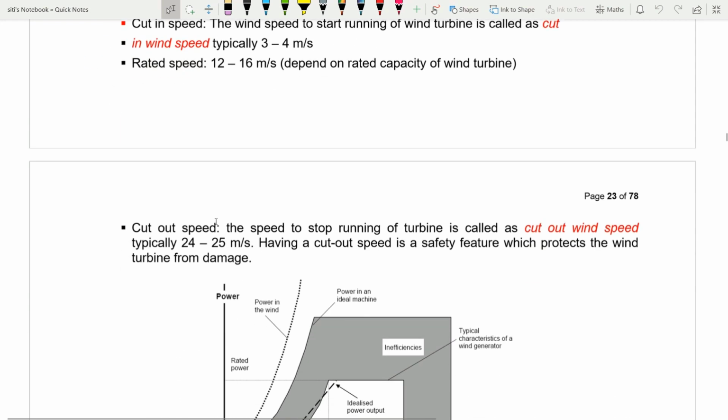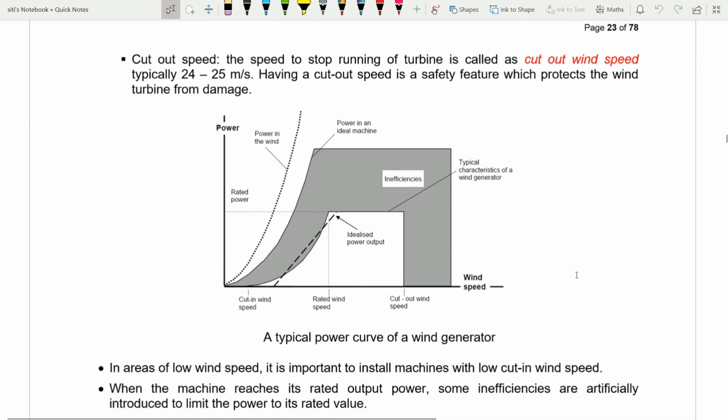And the cutout speed is the speed at which the turbine stops running, called the cutout wind speed, typically 24 to 25 meters per second. Having a cutout speed is a safety feature which protects the wind turbine from damage. So here is the example.